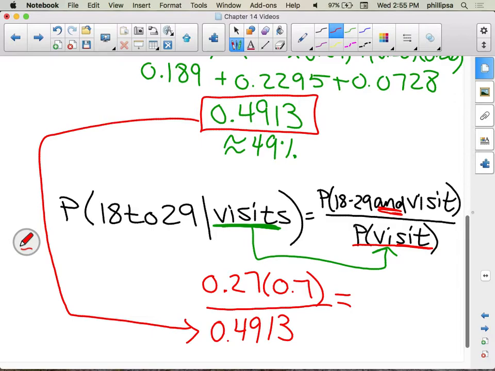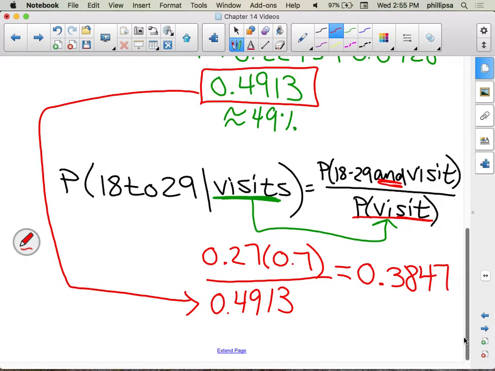And so the probability that they are 18 to 29, given that they visit video sharing sites, is 0.3847. So given that the person visits video sharing sites, there is about 38.5% chance that he or she is aged 18 to 29. Okay, one more example for tree diagrams.